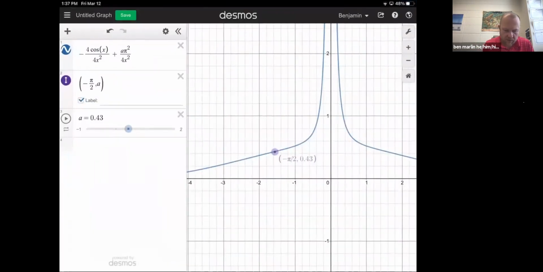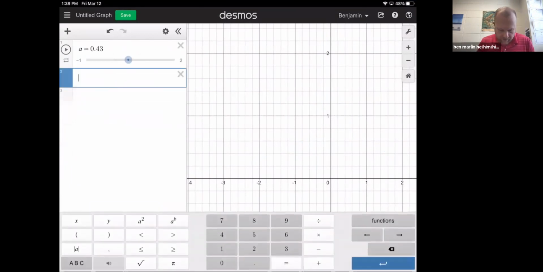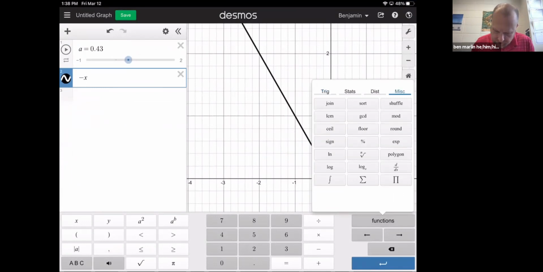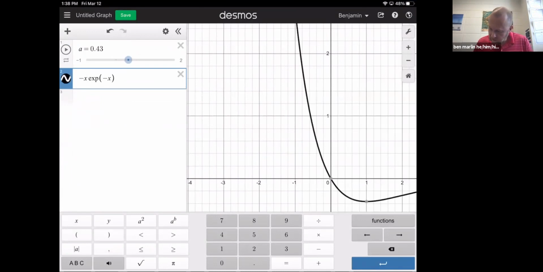And so we're going to, this time, have minus x e to the, it's under miscellaneous, exponential of minus x, close parentheses, and then plus cx.